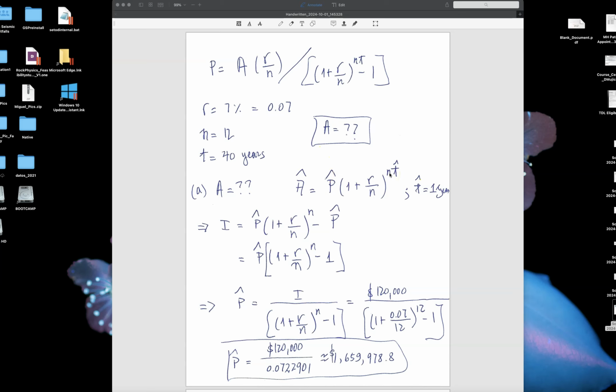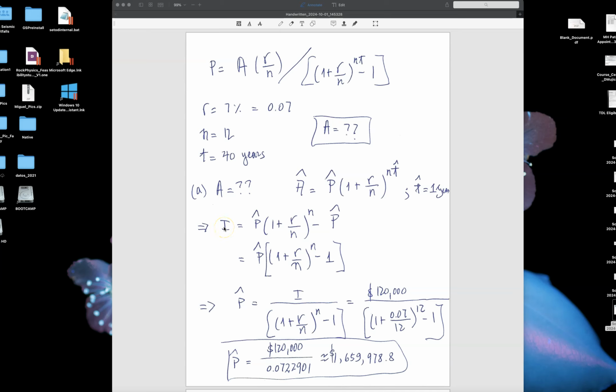Now, if I want to compute only the interest, it is going to be all this amount produced by the transaction minus the principal that I put at the very beginning of that year. So the interest is going to be P hat times all this factor that is in here.